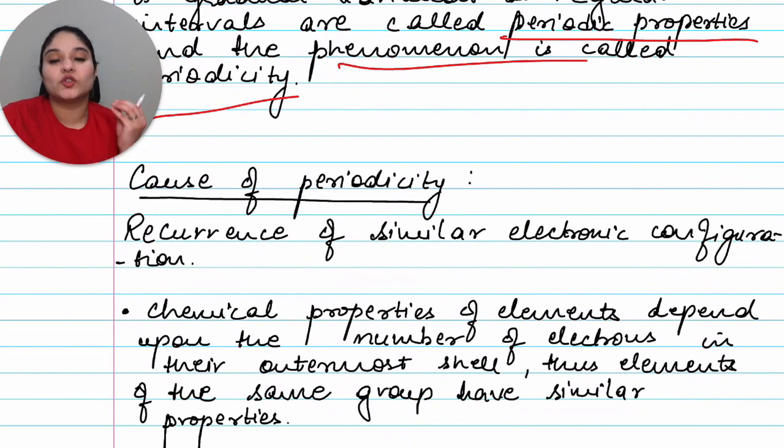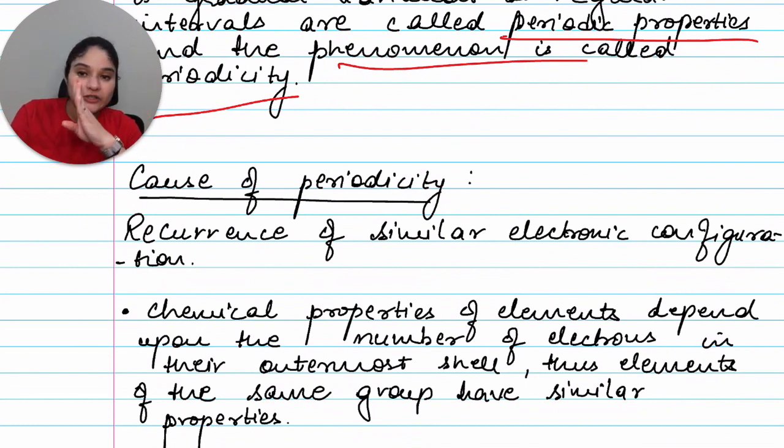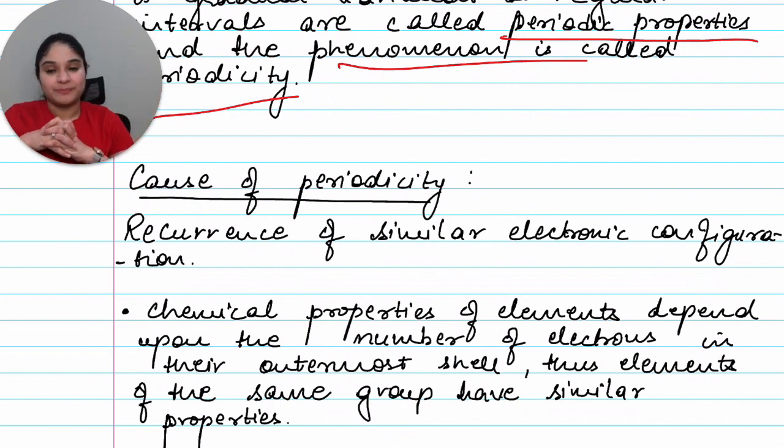What is the cause of periodicity? When we talk about the elements in a sequence, after a certain point, similar electronic configuration is repeated. If you think about it, all the metals have a tendency to lose electrons because generally they will have 1 or 2 or 3 electrons in the outermost shell.